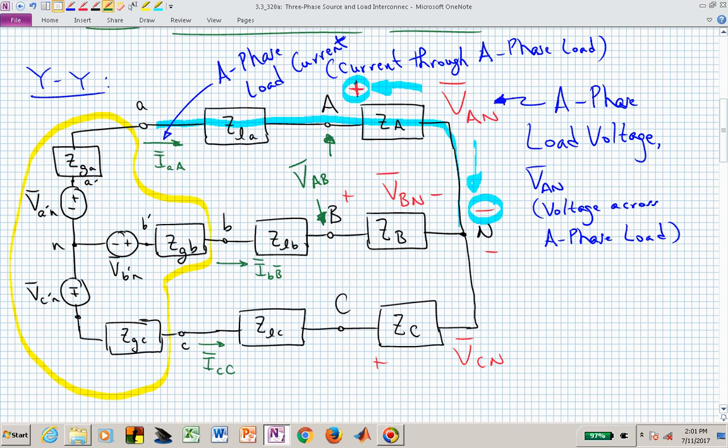And you can do a KVL to convince you of that. Here, this would be the negative terminal of V sub AB, and this would be the positive terminal.